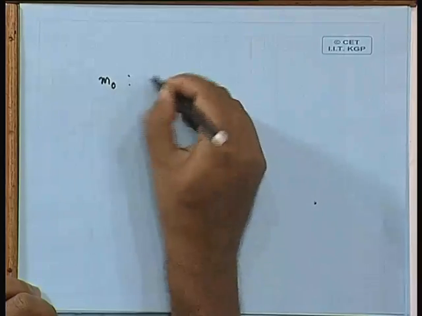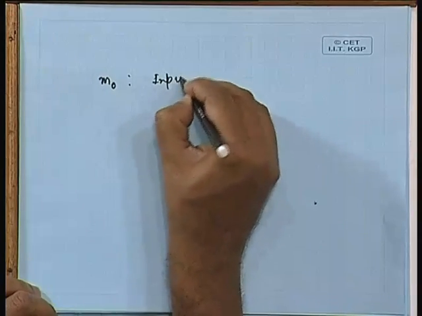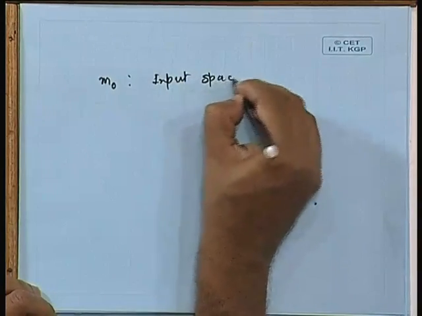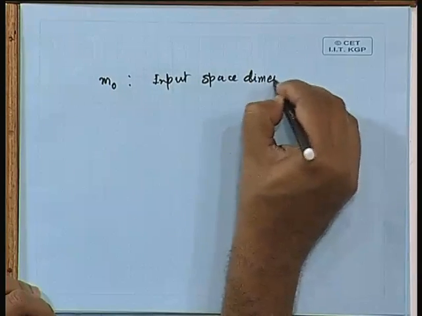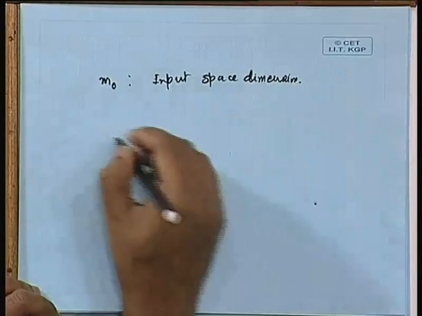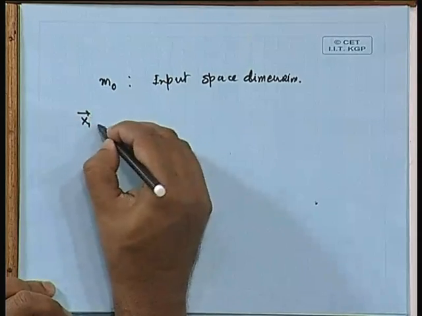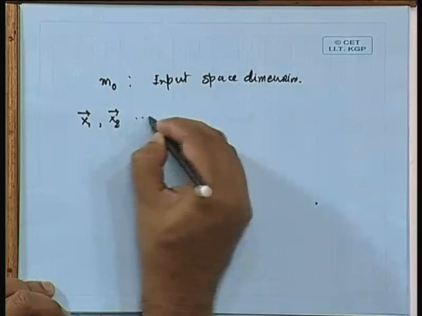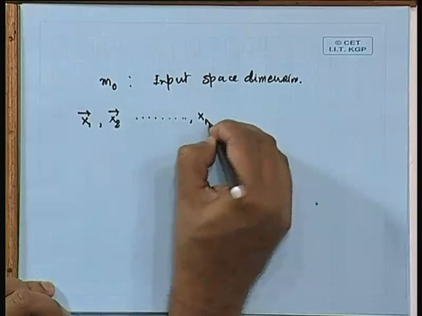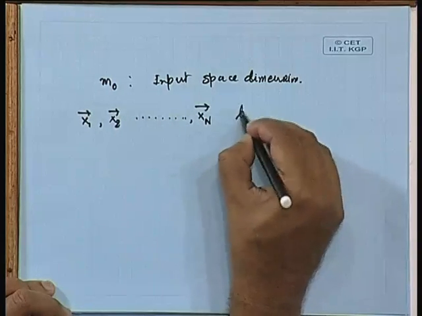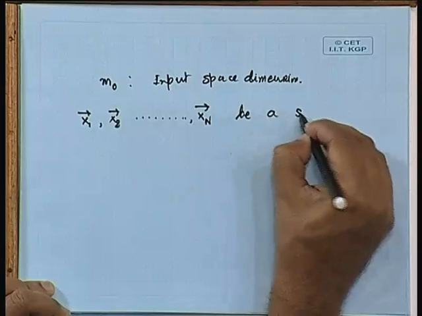So, we have an m0 dimensional input space, and we take a sequence of random patterns x1, x2, etc. up to xn.